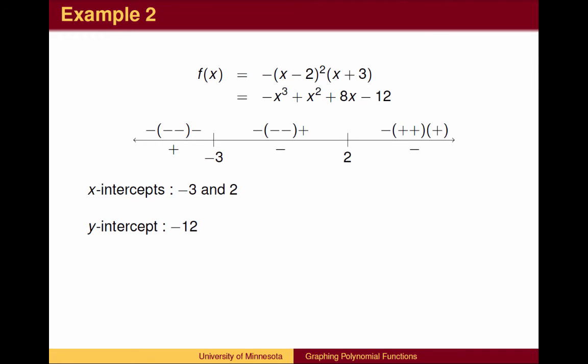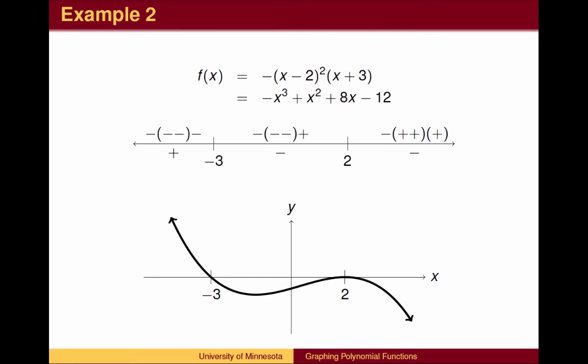If we choose a value for x that is less than negative 3, we have the original negative sign, a double negative for the x minus 2 factors, and a negative for the x plus 3 factor. Altogether, the product has four negative signs and therefore is positive.